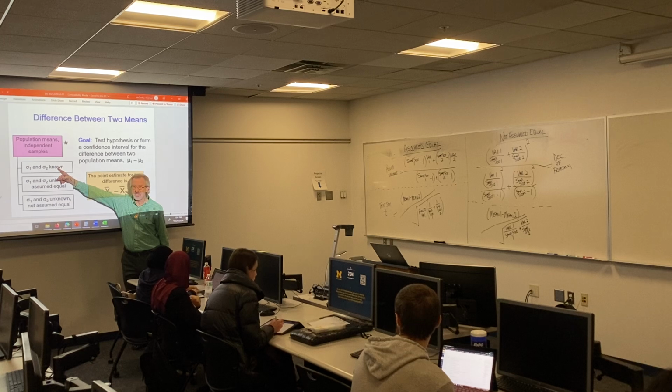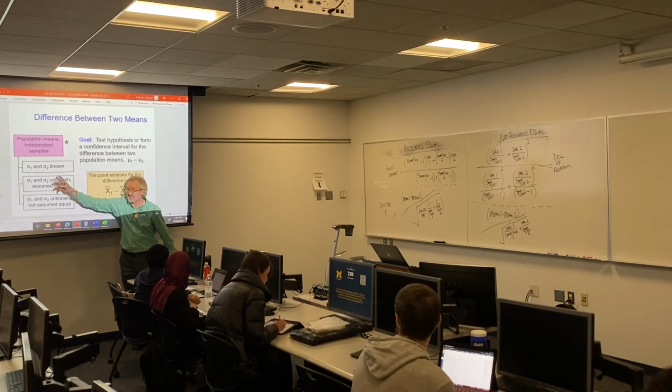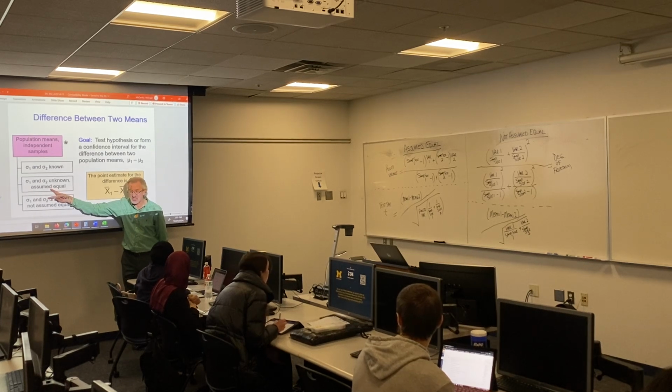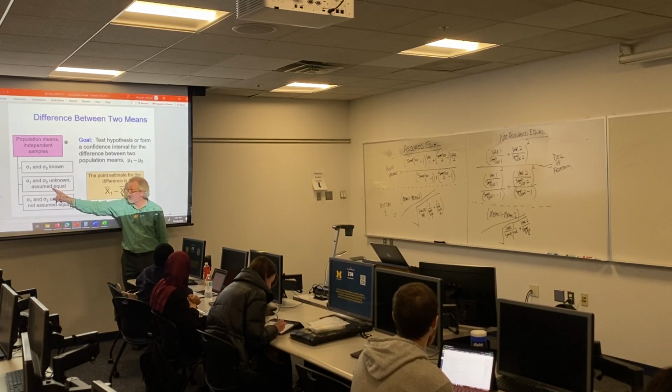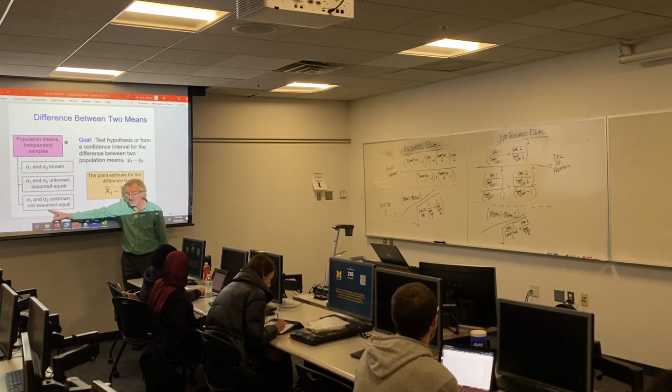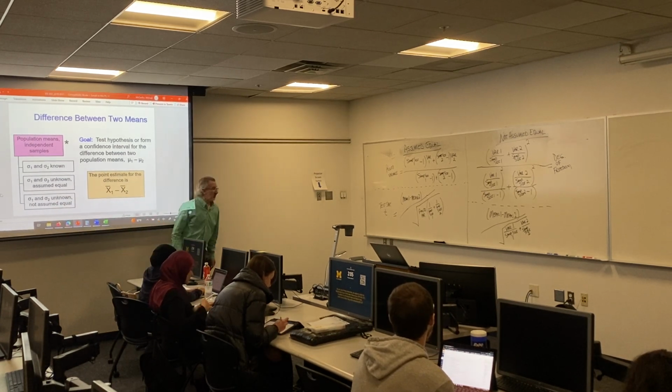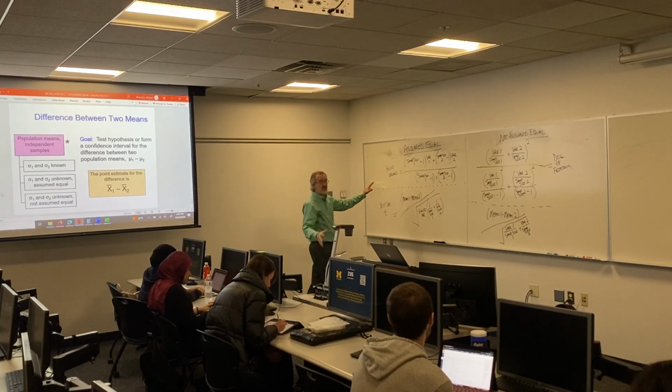Don't forget, they can be population standard deviations, we know what to do, it's a Z. But if it's sample standard deviations, now you gotta decide which T it is. My hint is, if it's not telling you they're assumed equal, then you can go ahead and assume they're not equal.